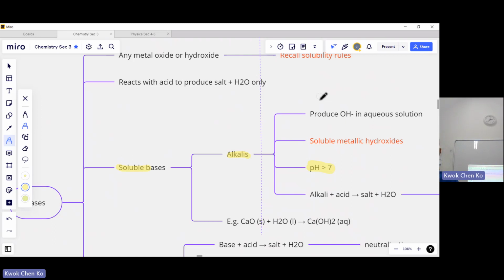Okay, what else? What else about base? This one's important too. Or what else about alkali? Sorry. Alkalis produce OH minus, so this would be the key definition for alkalis. All right, they are soluble bases, they produce OH minus.